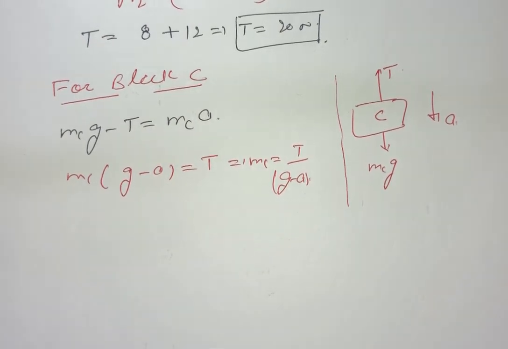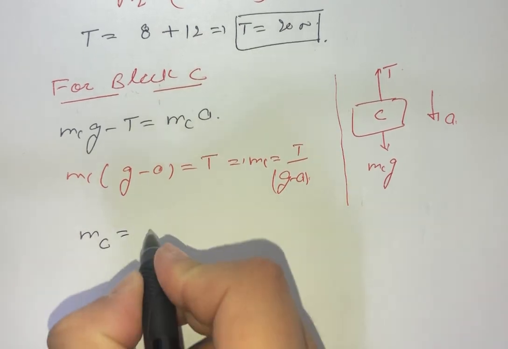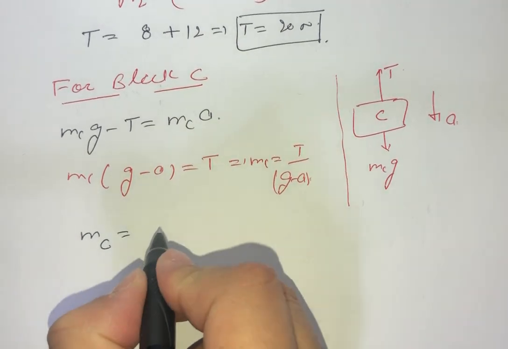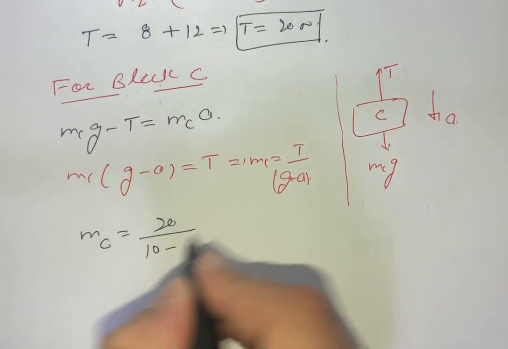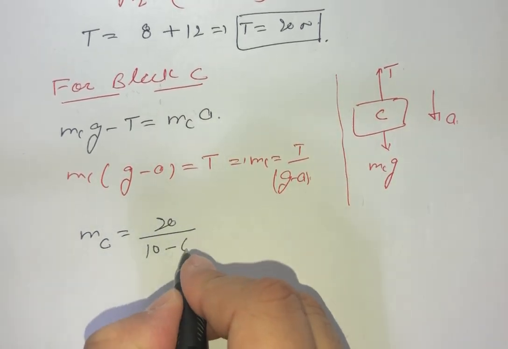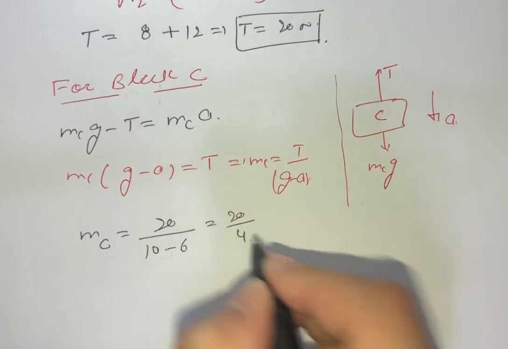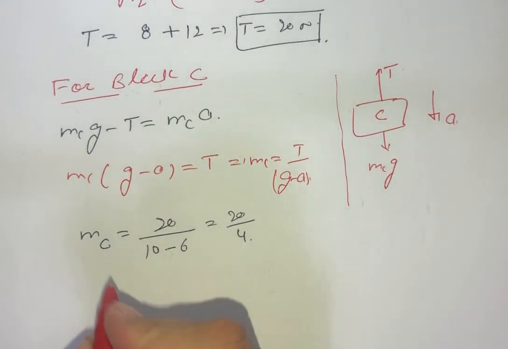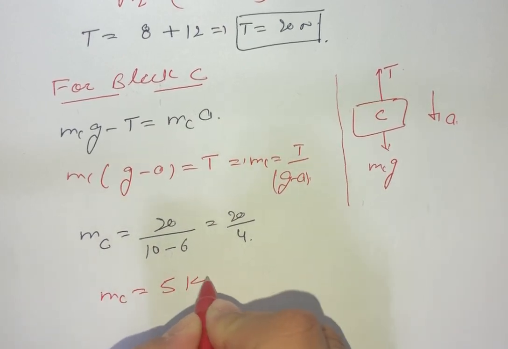So the tension is 20 Newton. So we get mC is equal to 20, g is 10 and acceleration is 6. So this will be 20 divided by 4. So we get mC as 5 kg.